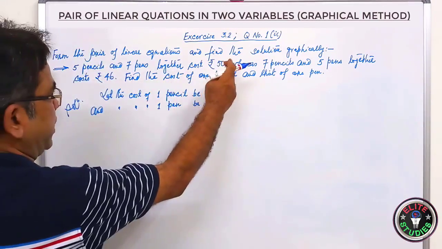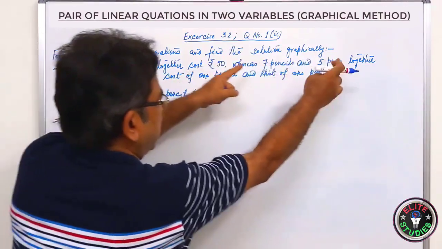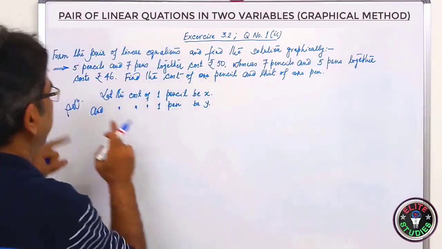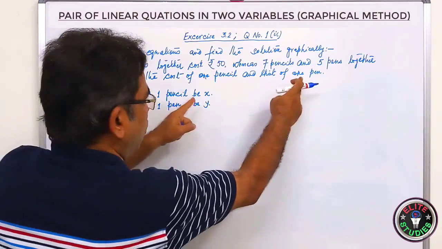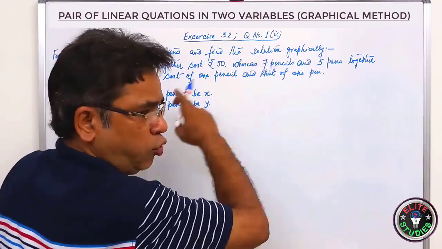There are two statements here, the first statement and the next statement. Why two statements? Since there are two unknowns, we should have two conditions, two equations.